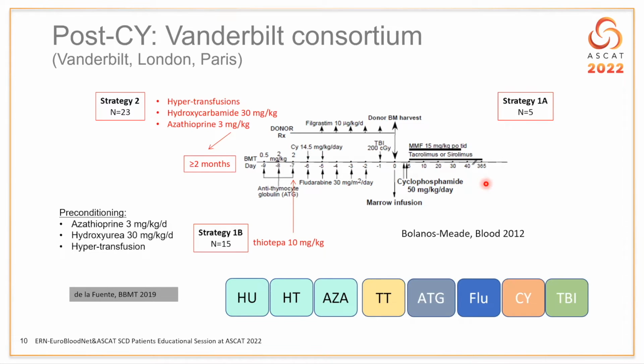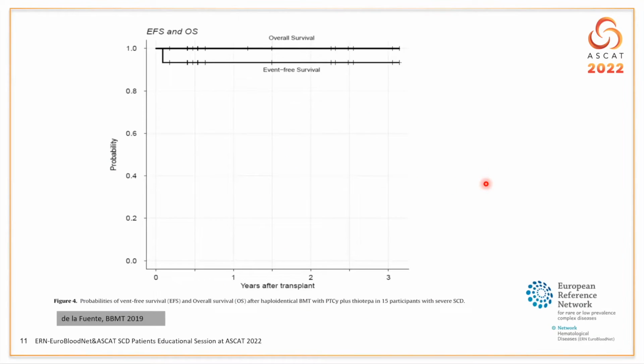Nevertheless, even if this approach is more complicated than a conventional transplant from an identical donor, the results on the first patients transplanted are very good, because in this series of 14 or 15 patients we have an overall survival of 100%, and an event-free survival, which is survival disease-free, so without signs or symptoms of sickle cell anemia, in the order of 95%.